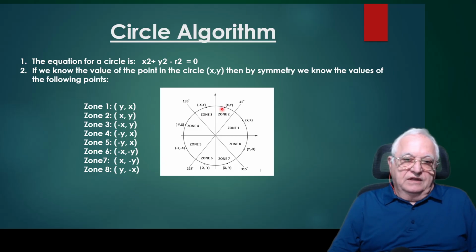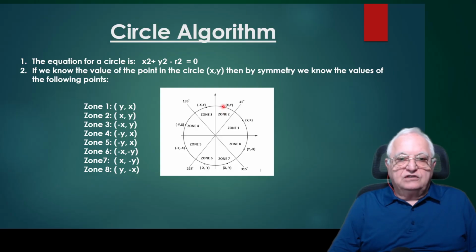So if we know x comma y, we can draw this point x comma y, but we can also draw y comma x by symmetry, y comma minus x, minus x comma minus y, minus x comma minus y, minus y comma x, and minus x comma y.